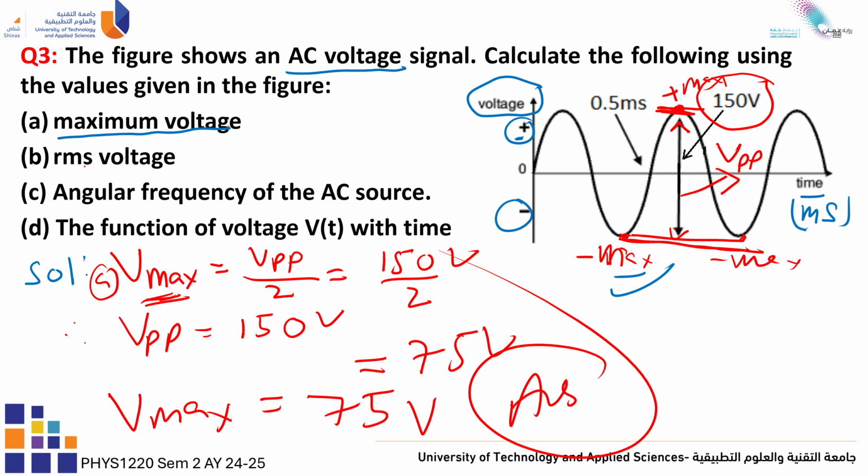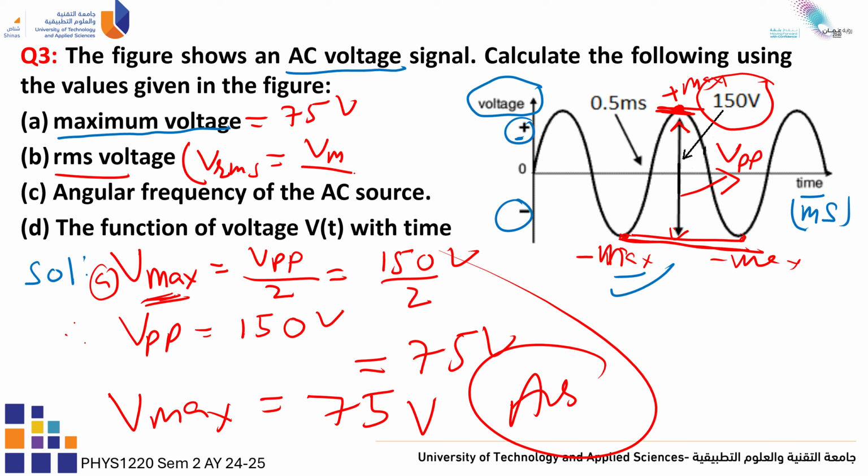After that, they're asking what is the value of the RMS voltage. If I know the maximum voltage, how much is it coming? The maximum voltage is 75 volt, which we calculated. Now the RMS voltage we can easily find by using the formula. Sometimes we write Vmax, sometimes Vm, which has the same meaning.